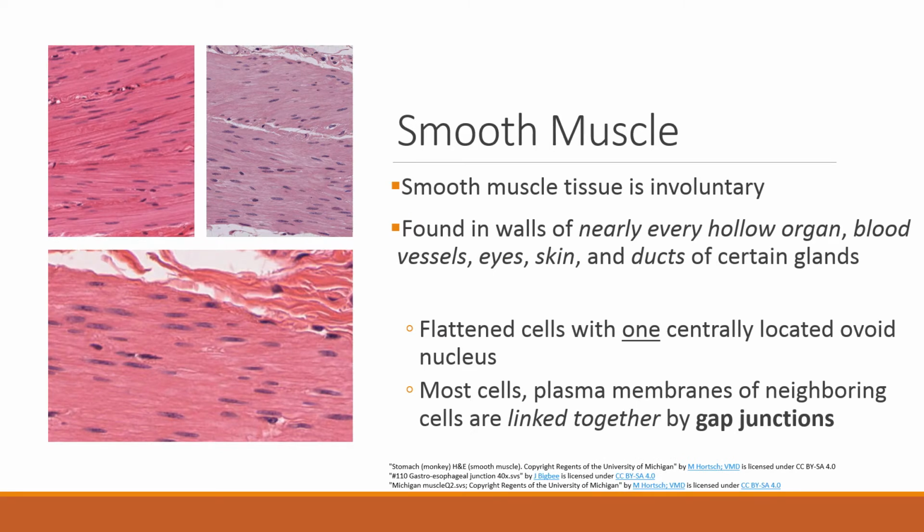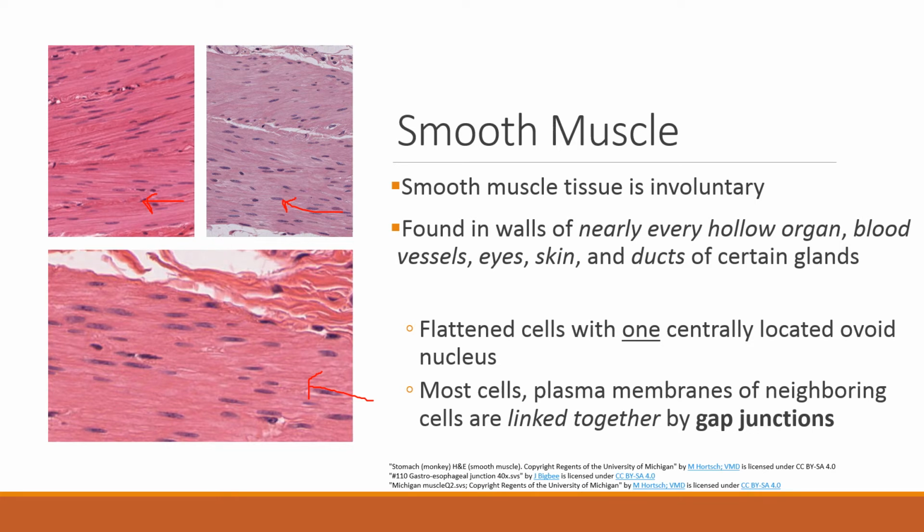The second type of muscle is called smooth muscle. So smooth muscle is not striated. So this is a picture of it here on the left. You can see there are no obvious stripes. This tissue is also involuntary. So what that means is that it's still controlled.